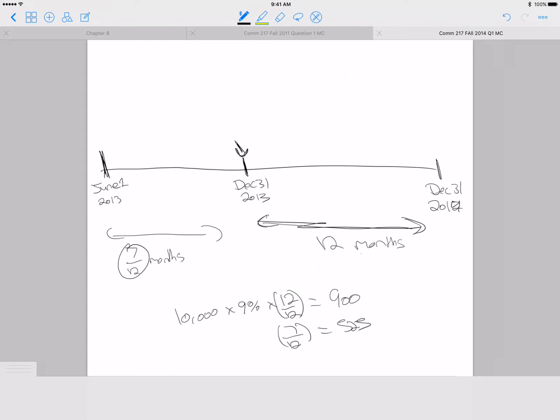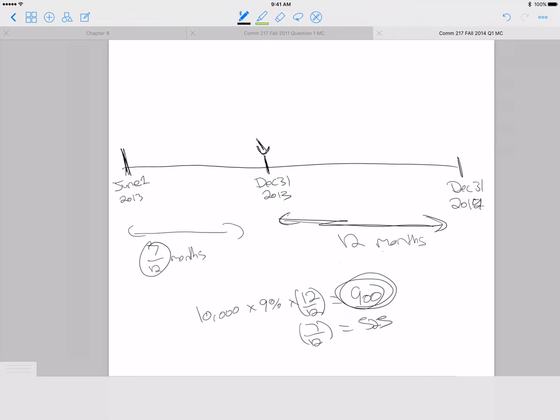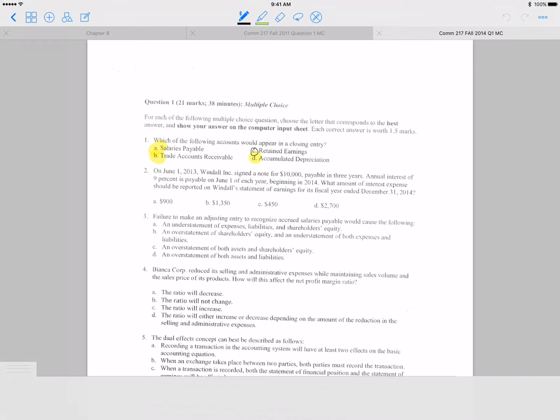But since they're asking for the December 31st, 2014 year, then the correct answer would be the $900. And if you go back, A says 900, and that is the answer.